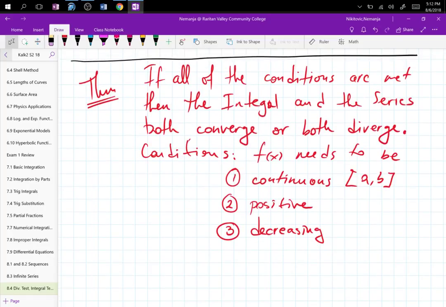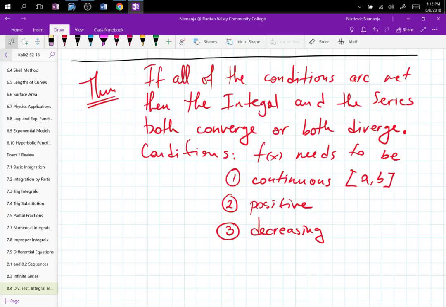So the integral test is going to take your a_n, transform that into f of x, and then you get to do an improper integral because your input was, let's say, 0 on the bottom of the summation and infinity on the top. Well, those 0 and infinity become limits of your integral. So you are always working with the improper integral of the first kind, type 1 improper integrals, because you will always have whatever number is on the bottom to infinity on top.